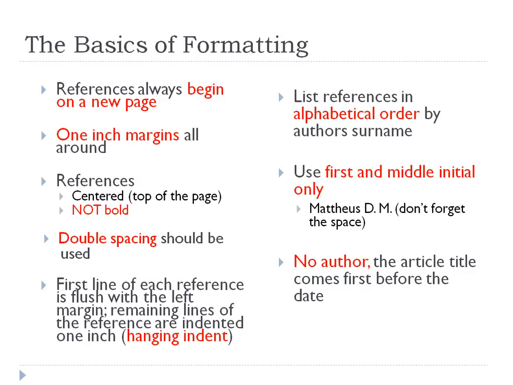For example, my last name is Matias. There's a space, a D, a period, a space, a capital M, a period, and then a space. So don't forget those spaces. If you don't have an author listed, the article title is going to come first. Then you're going to place the date after the article title.